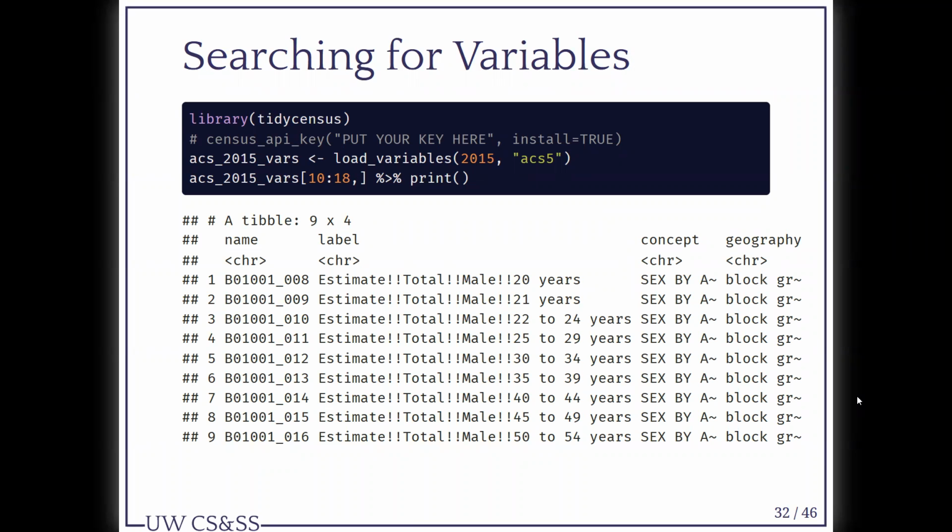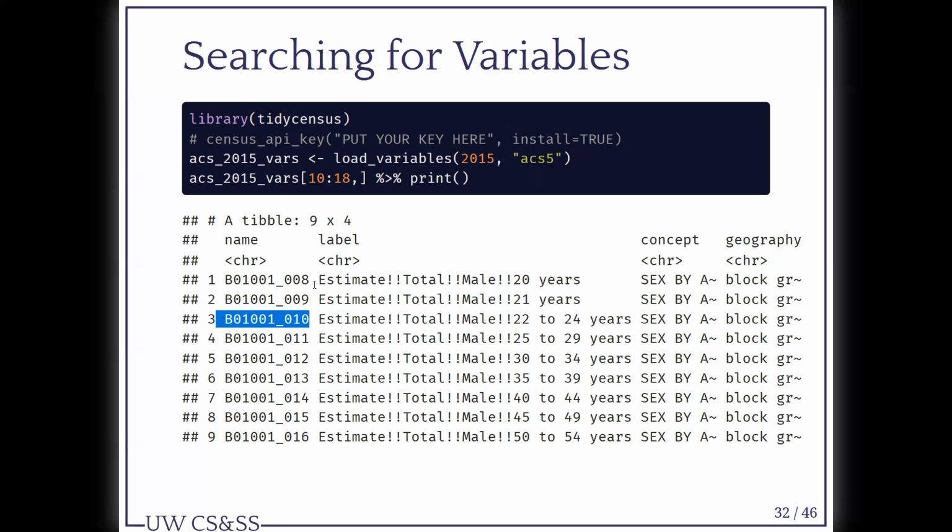So it can often be pretty tough to search for variables because of how much information it is. So you can load the Tidy Census library and assign to this object the load_variables, the year 2015, and you want the ACS 5-year estimates of the year 2015. And if you look through the 10th through 18th row, it'll say things like this is a variable name and this is a variable name and so on.